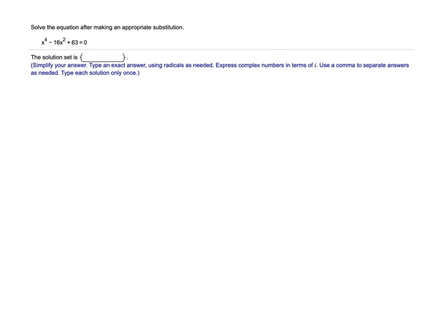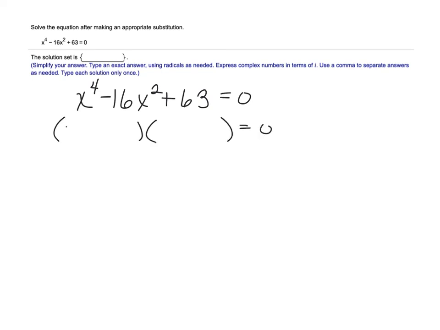All right, and the last problem for this video is solve the equation, but this is one where we have x to the 4th. So very simply, because this happens to be set up this way where we have x to the 4th minus 16x squared plus 63, we can actually factor this. Okay, using x squared and x squared, similarly like we do with a normal polynomial where we have x times x, just use x squared.